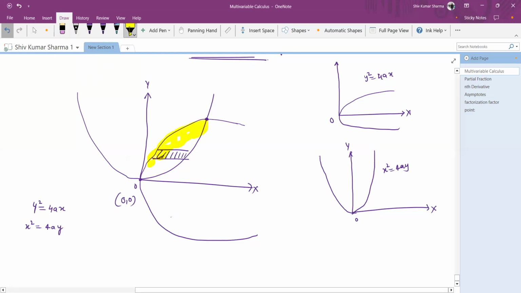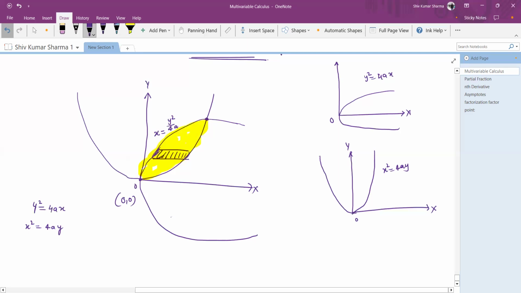This is our required area. For the strip parallel to the x-axis, the x limit will be the variable one. This parabola is y square equal to 4ax, so x equal to y square upon 4a.